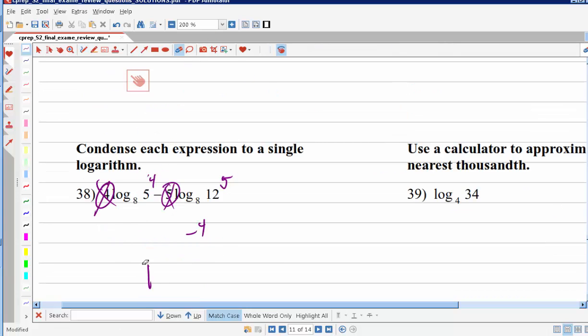Alright, I'm not thinking here. So it's going to be log base 8, 5 to the 4th over 12 to the 5th, whatever that is.